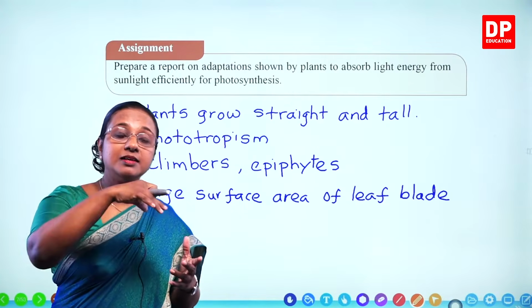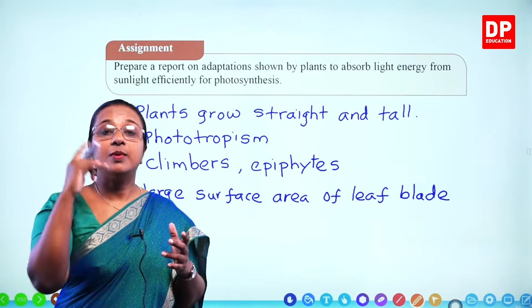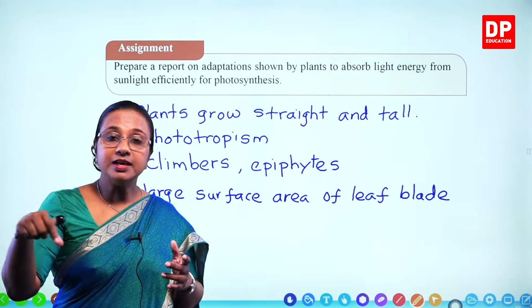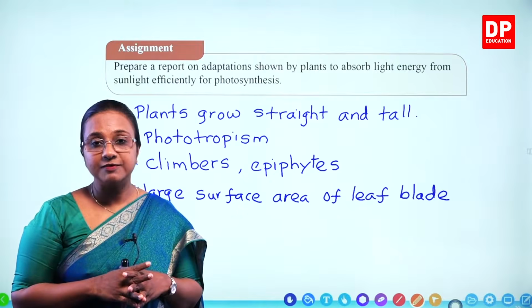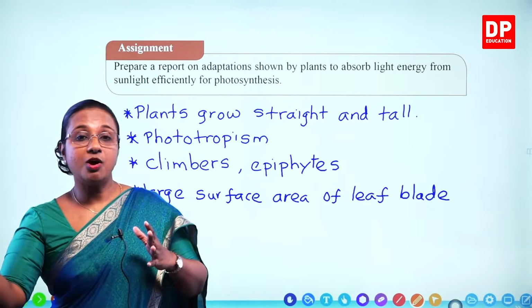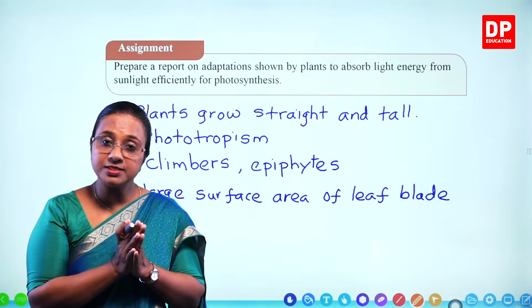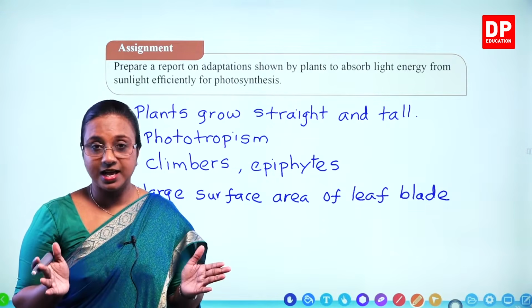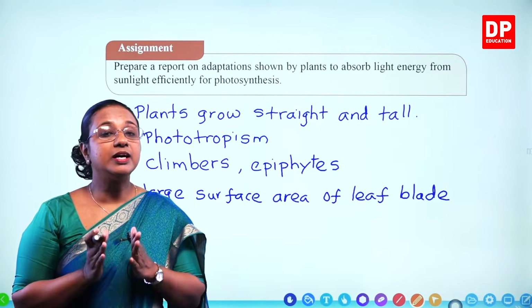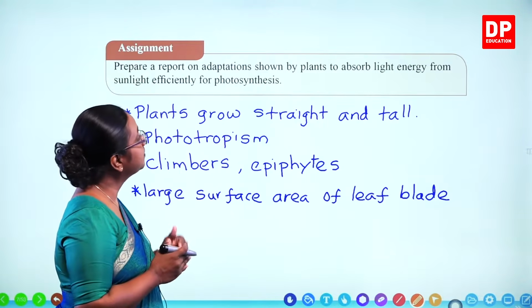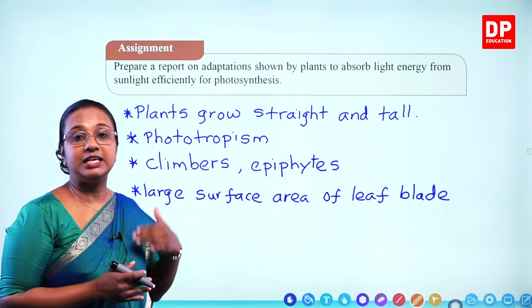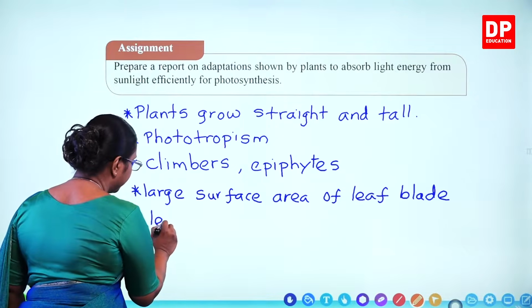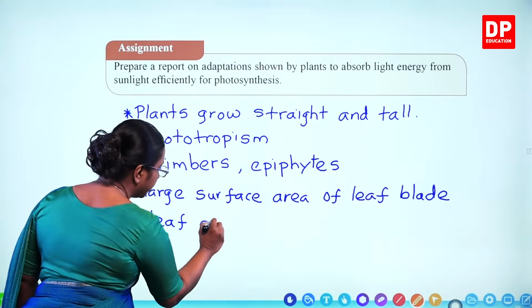Then there are other leaf arrangements where there is a whorl arrangement, or there is a random arrangement of leaves so that some leaves are longer, some leaves have shorter stem, so that all the leaves get enough sunlight. So that is also an adaptation to absorb light energy efficiently. So the next one is leaf arrangement.